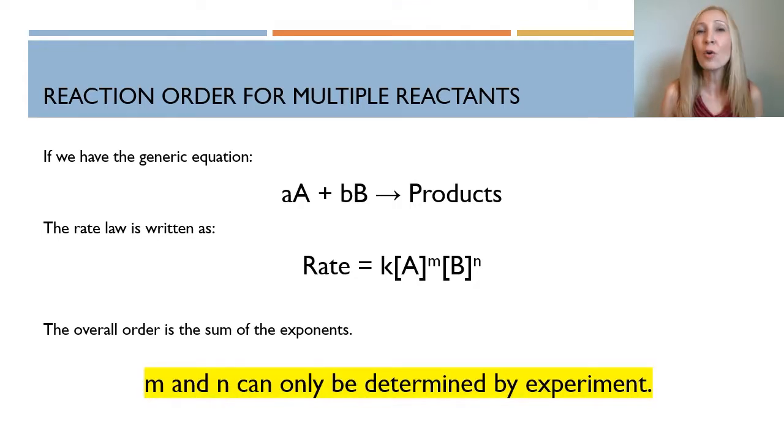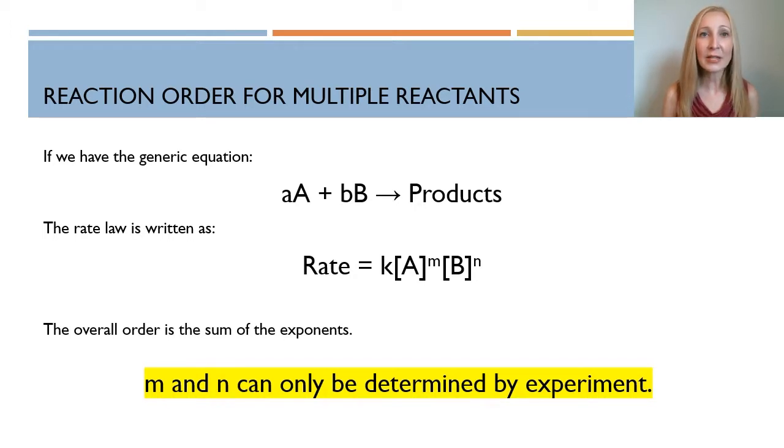And m and n can only be determined by experiment. Notice how the lowercase a and b, the coefficients, have no place in this rate law. There's no way you can look at a chemical equation and know what its rate law is. You can only determine that using an experiment.